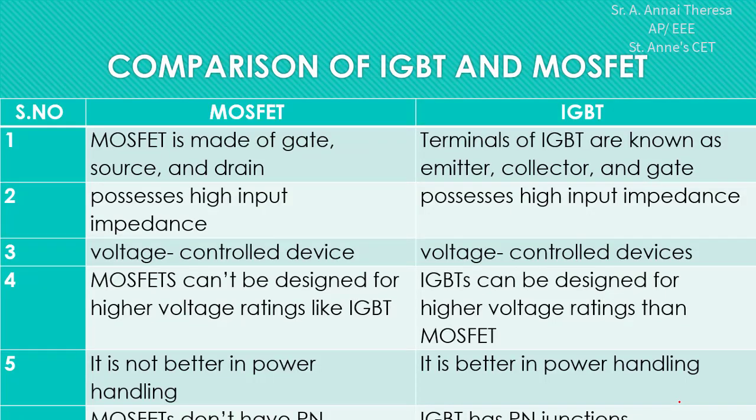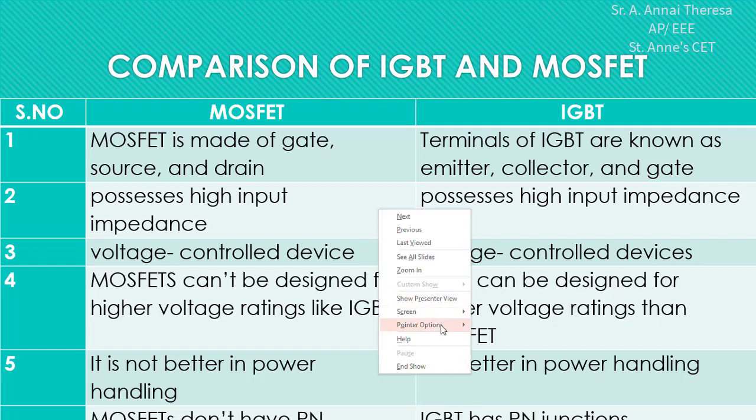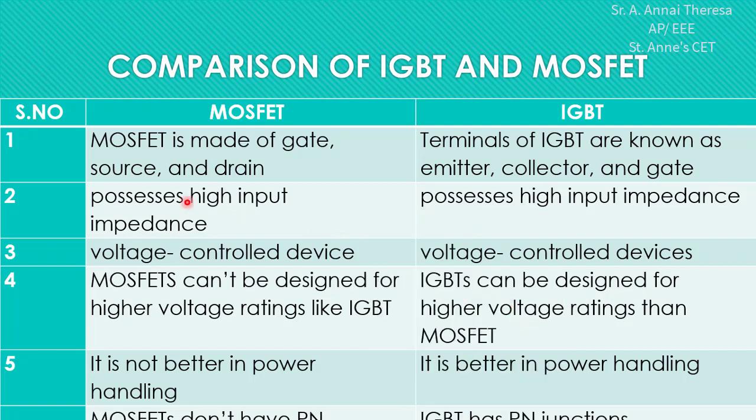Finally, we can compare IGBT and MOSFET. MOSFET is made of gate, source and drain, whereas in IGBT the terminals are emitter, collector and gate.